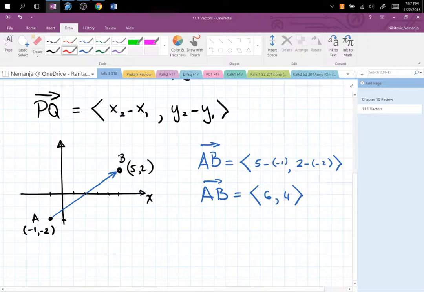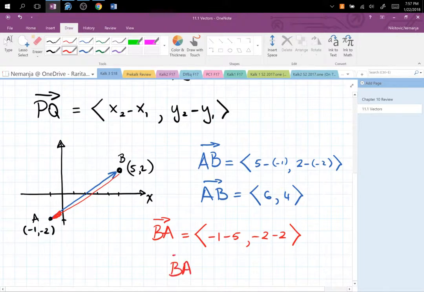Now red, I'm going to use same 2 points, but I'm going to go the other way. The red vector is BA. Now that one has A as terminal, so it's -1 minus 5, and then -2 minus 2, so vector BA is -6, -4.